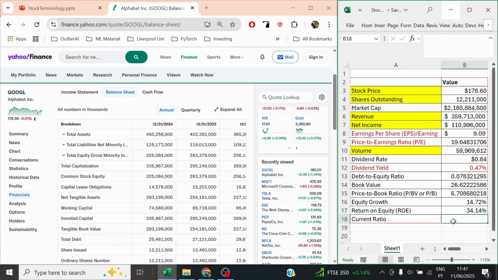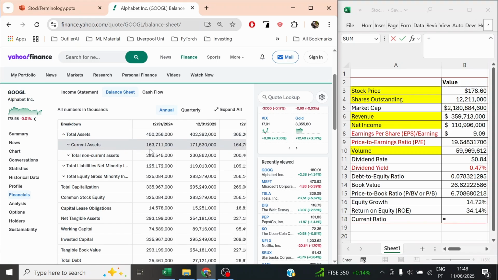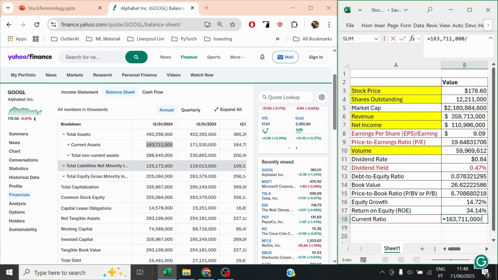Okay, so to calculate it, as you might figure out, most of the numbers we want are on the balance sheet. So we have to find the total current assets. In the balance sheet, if you go to the assets, we have the current assets, again in billions because it's in thousands. Then divided by the total current liabilities.